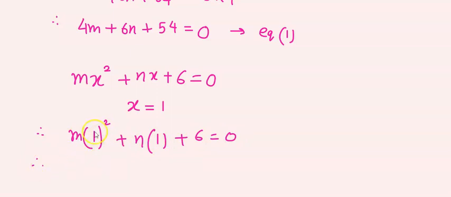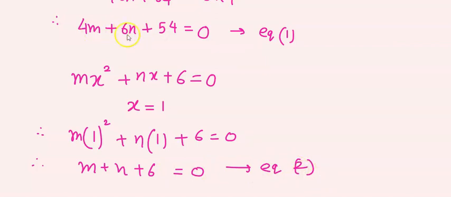Therefore 1 squared is 1, so m + n + 6 = 0. This is equation number 2.